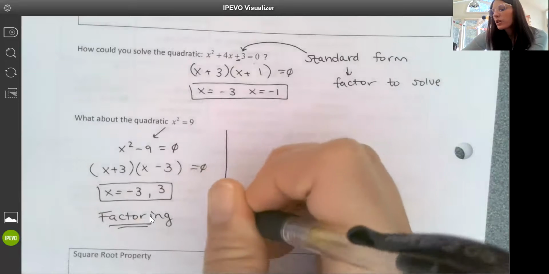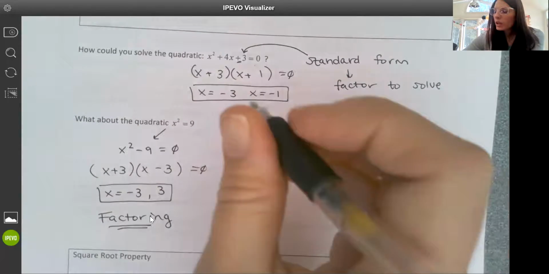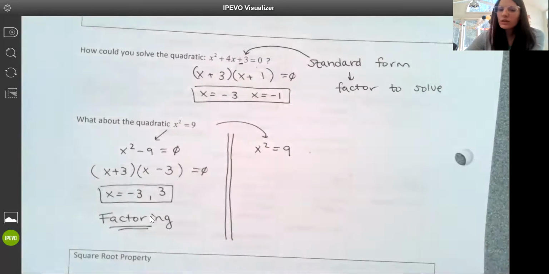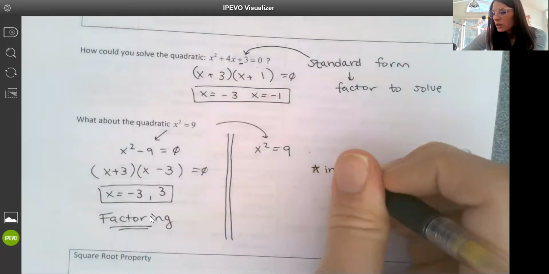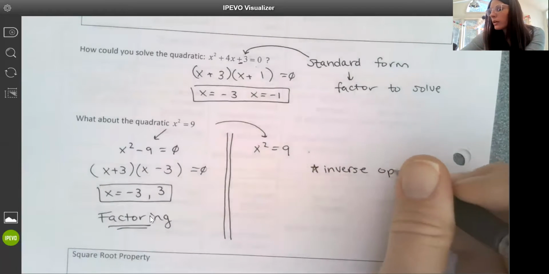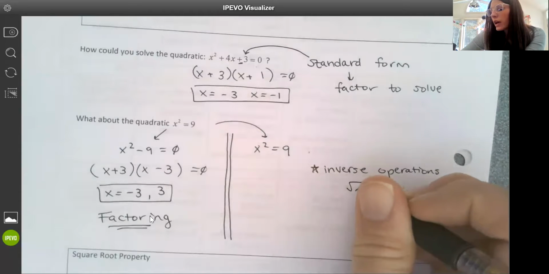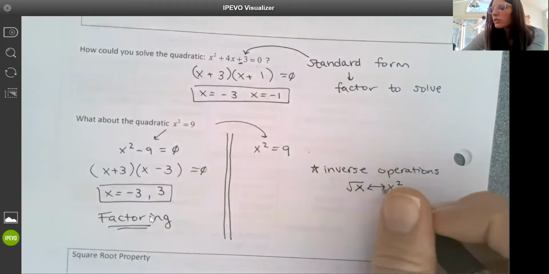But I can actually solve this quadratic, and probably a little more efficiently, another way. So instead of getting it set equal to 0, what if we just use inverse operations? We know that the square root of x and x squared, okay, that those are inverse operations.